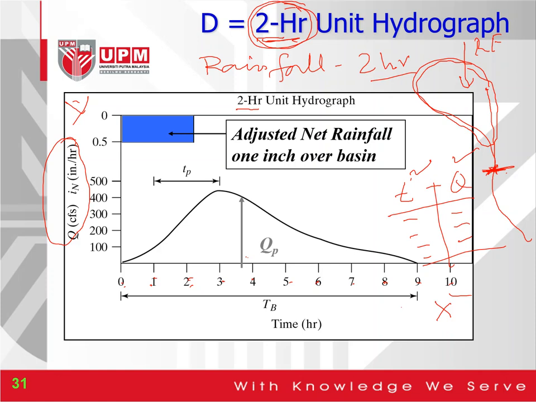But when you say 2 hours, we can identify where the 2 hours is: the x-axis is every 1 hour, so 1 hour, 2 hours. This is the 2 hours, the blue one, this duration. This is the way we show 2 hour in a hydrograph.